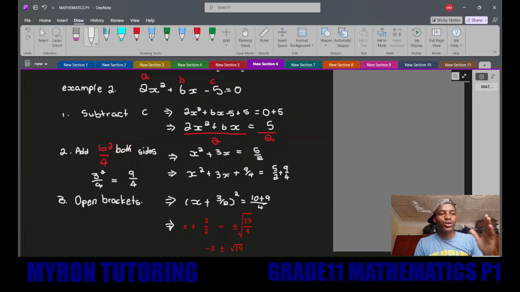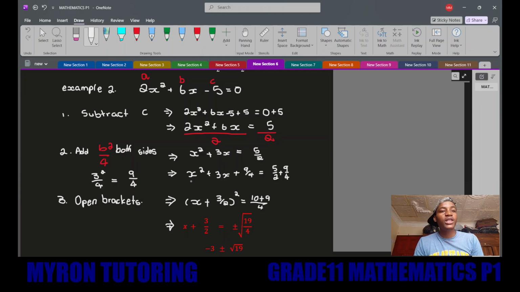You do your first step, take 5 to the other side by adding 5 to both sides. The next thing is to reduce 2x squared into x squared by dividing by 2, so that you have x squared plus 3x equals 5 over 2.